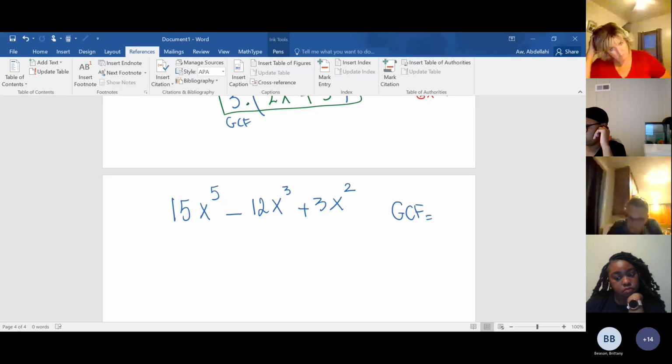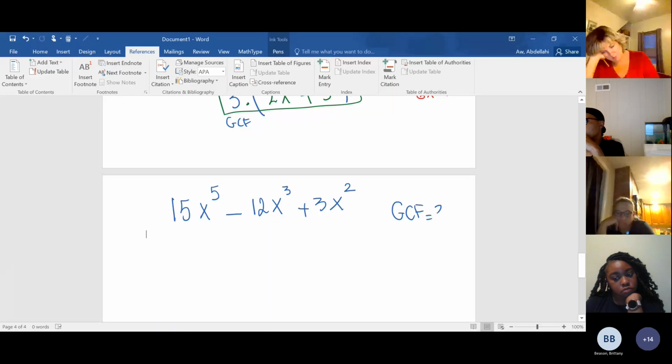At the most, it's going to be the smallest one, right? So if he says the GCF is 30, you're wrong. If he says the GCF is 4, you are wrong. At the most, the GCF is going to be 3. Now, x. Which power do we have to put on the x? Square. Thank you very much.